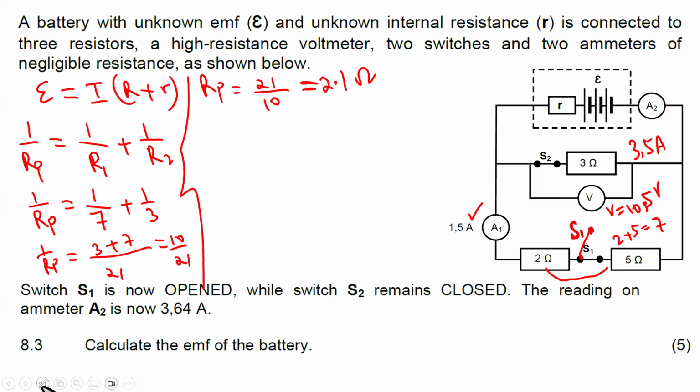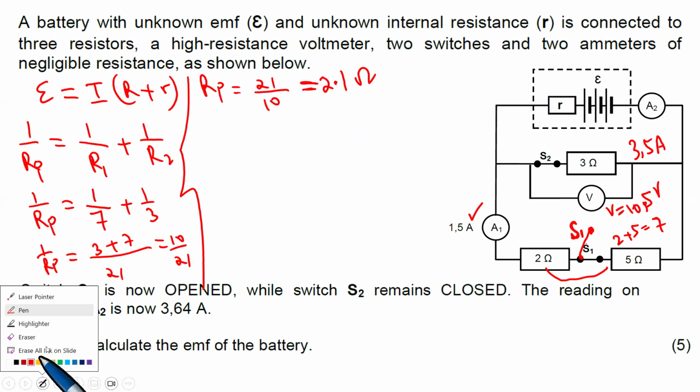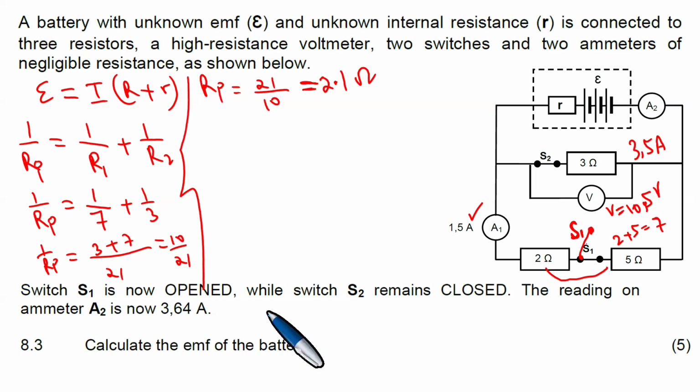You can do it like this, but you can do it differently as well. You can say R parallel becomes R1 R2 divided by R1 plus R2. This is another formula for the parallel combination: 1 over R1 plus 1 over R2, or R1 R2 over R1 plus R2.